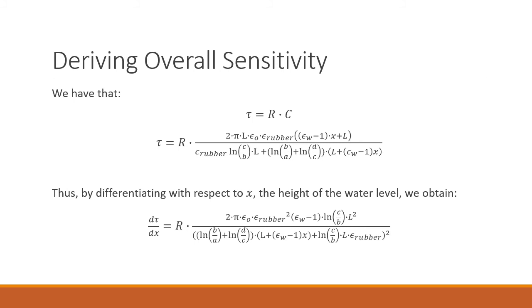We have that the time constant is the product of the capacitance and the resistance. We substitute the value of the capacitance in terms of x, the height of the water, from our theoretical model to produce the following equation, which is the time constant as a function of the height of the water. We differentiate with respect to x, or the height of the water level, to obtain the overall sensitivity of the arrangement.